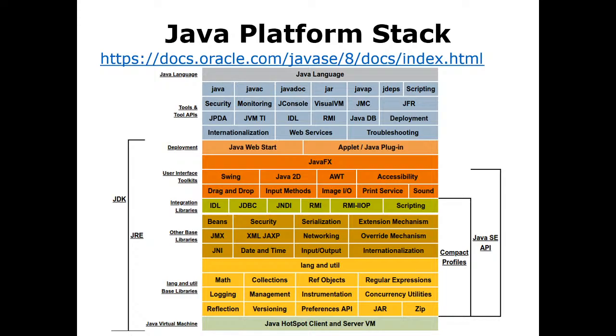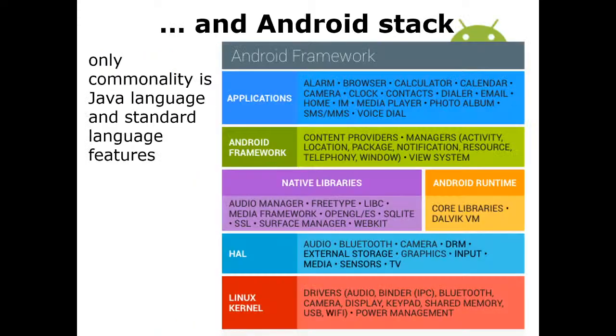Of course, as I already mentioned, Java is used as the main language for Android development, but the framework of Android development is absolutely not the same as the base Java runtime environment we'll be facing here.